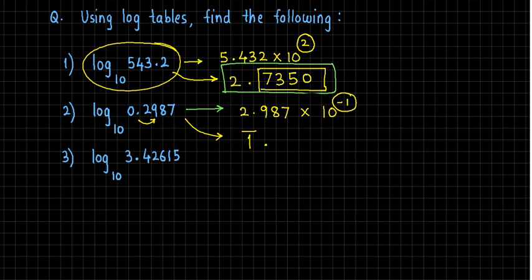Okay, alright. Now to find the mantissa, once again if you remember, we have to remove the decimal point and just consider the first 4 digits from the left side as they appear. So we have 2987. Now once again refer to your log tables, go to the row of 29 and the column of 8.